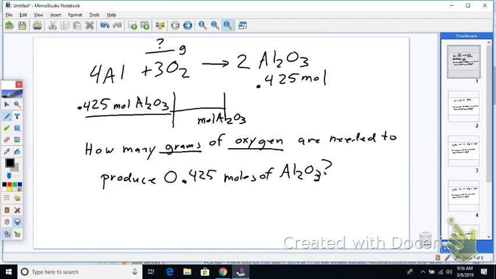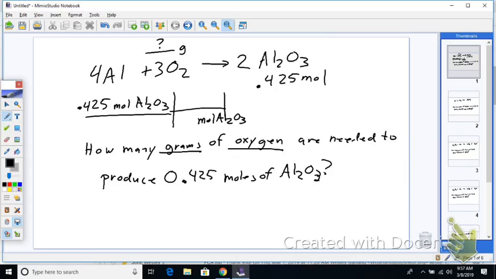So I want to get from here to grams of oxygen, but I've got a weight of Al2O3, which is a certain amount, and oxygen's a certain amount. What do you think I need to do before I can find grams of O2? In the past, what did I need to know of O2 before I could find grams of O2? I have to know the number of moles, right?